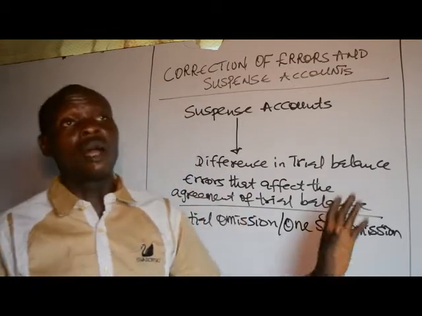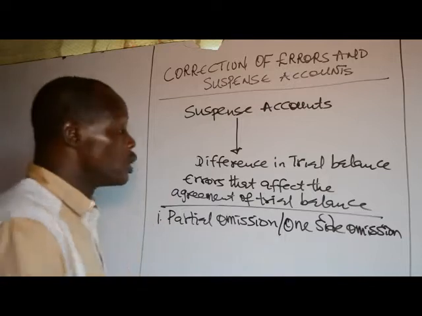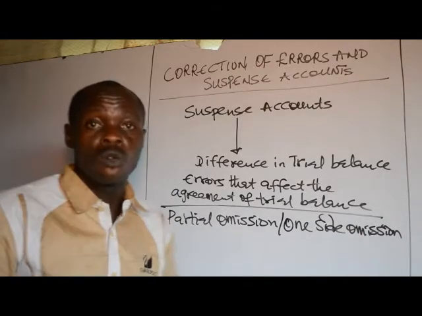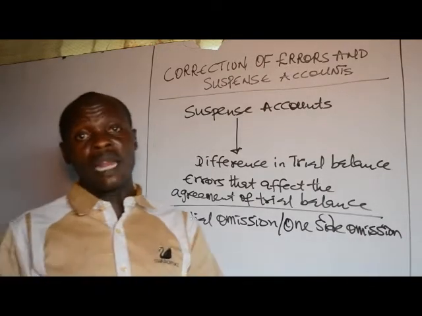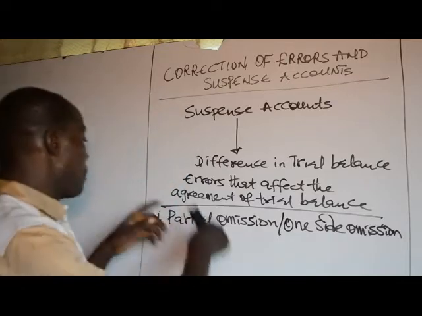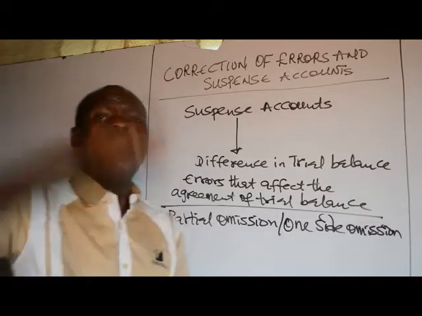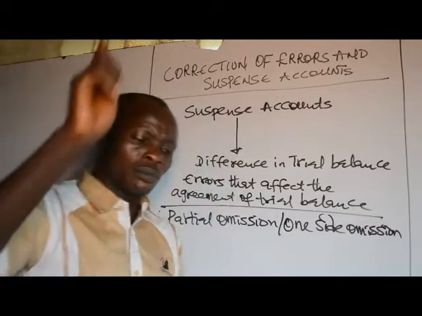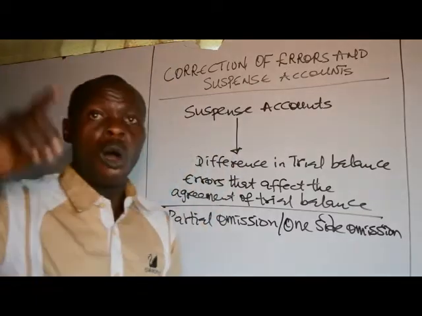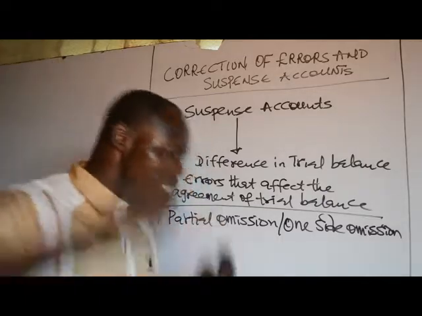Or if you record the credit side, you fail to record the debit. Either way, your trial balance will fail to agree. That is partial omission, or one-side omission.